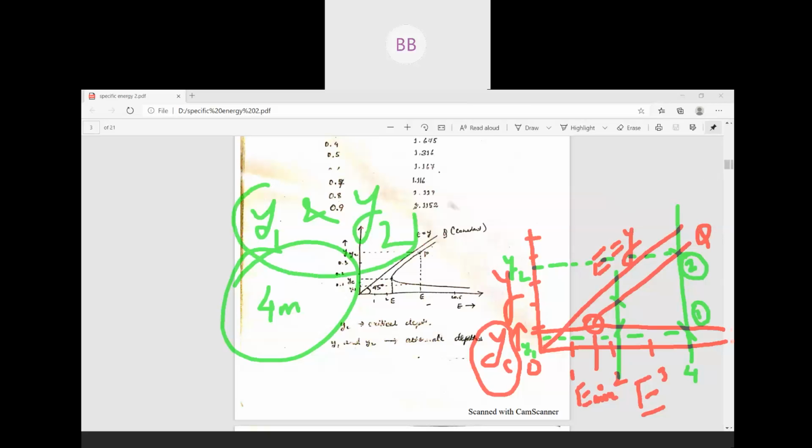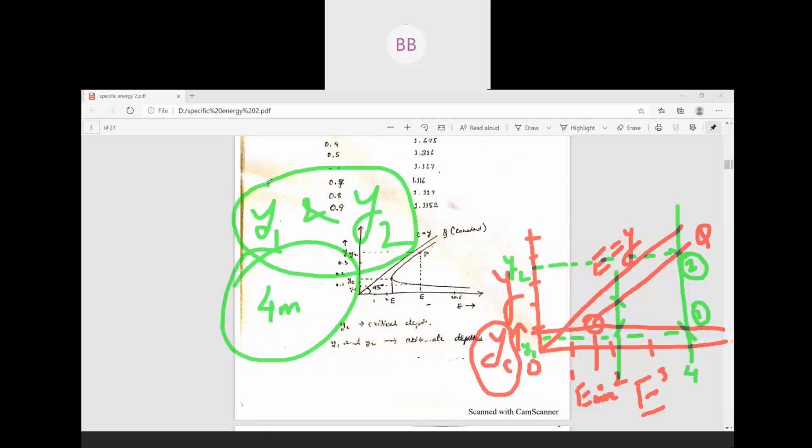So these two depths are called alternate depths. If anyone asks you what alternate depths are: the depths which have the same specific energy. Always remember, one is critical depth. Critical depth is the depth at which we have the minimum specific energy for a given discharge. What is critical flow?